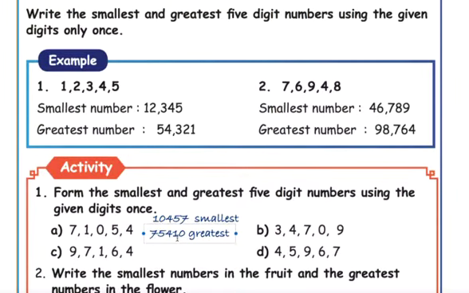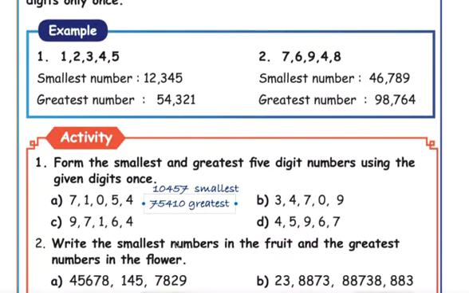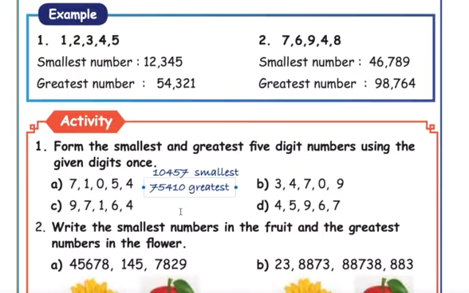If you put 0 here, 1 here, that is the reverse order, that becomes 75,401. Now it is 75,410. Which is highest? 75,410 is the highest. Okay, this is how you have to proceed.